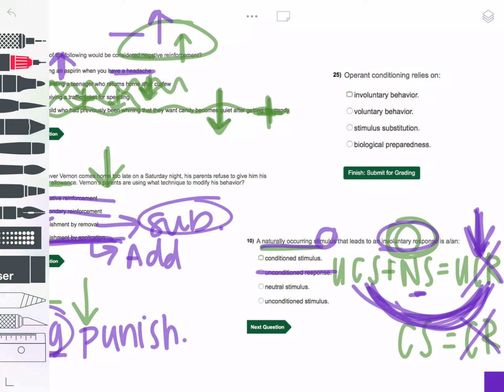If you just think this is neutral, it doesn't really have meaning until it becomes conditioned. So we know we're not looking at this. We know we're not looking at this. It's not neutral. And we're not looking at something that's conditioned because it's going along with that involuntary response. That is our unconditioned stimulus. That is our answer.